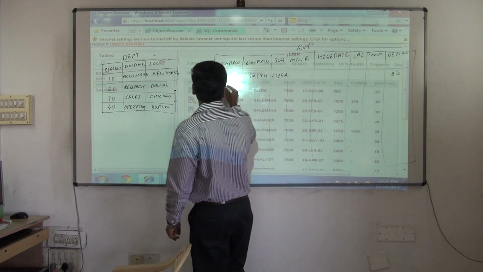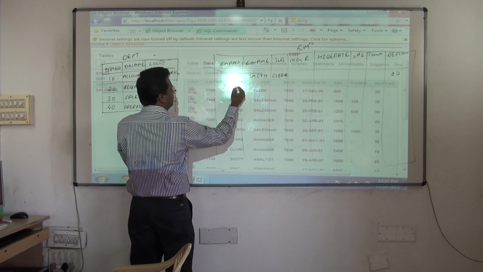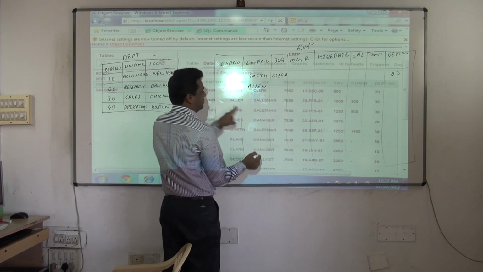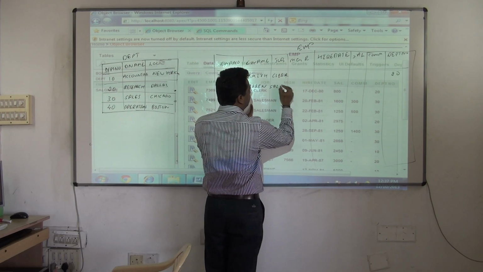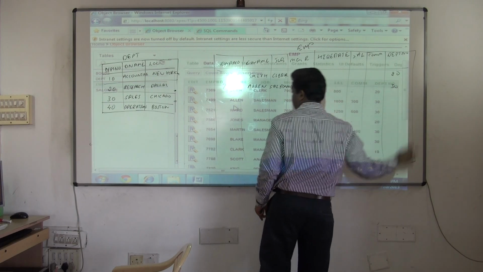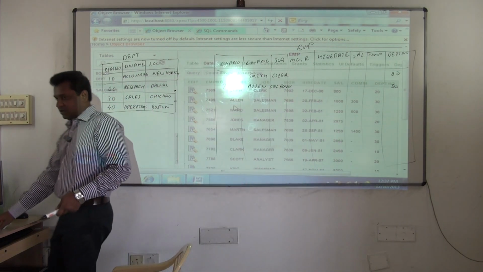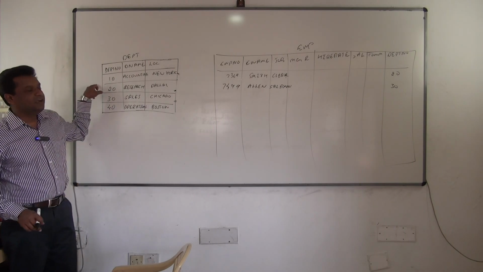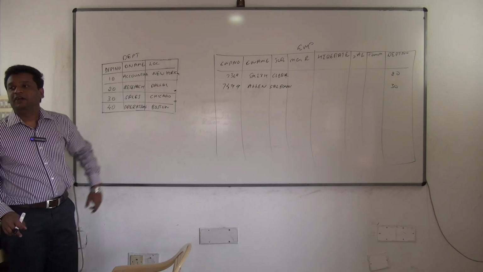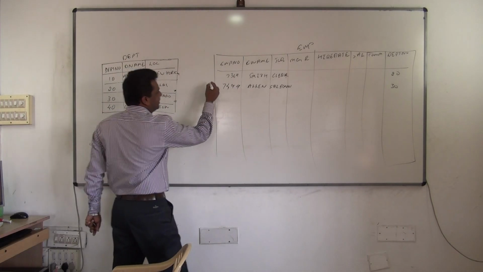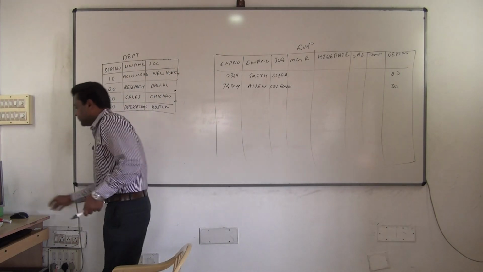Then the next record is 7499 Alan. His job is salesman, and he works in department number 30. Like this you write. Understood? Once you have the two tables, you see D dot department number is equal to E dot department number. I should have written one more. Fine, give me a second. I'll write two more and then fill them.